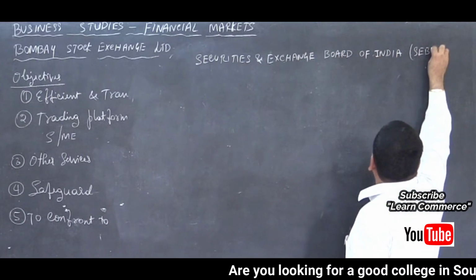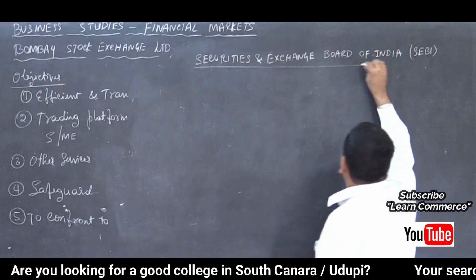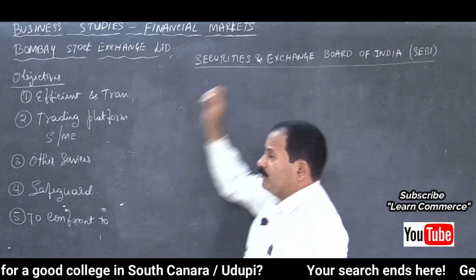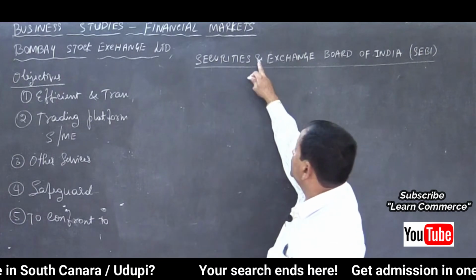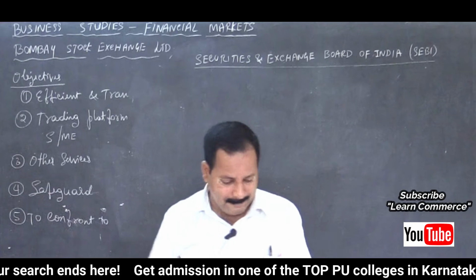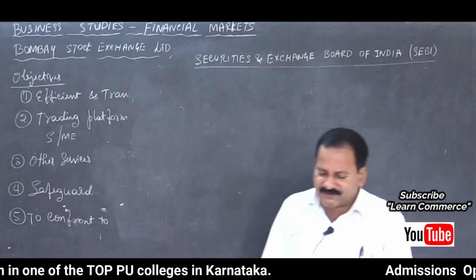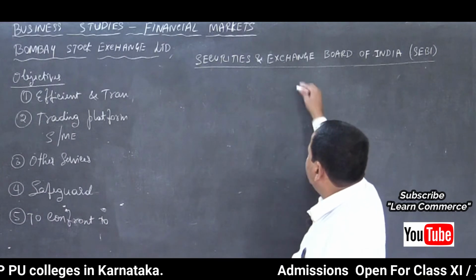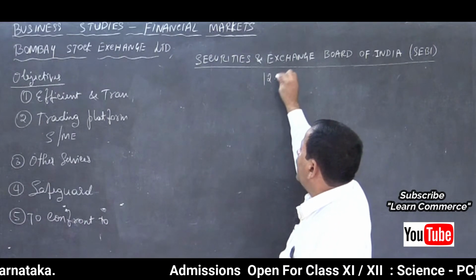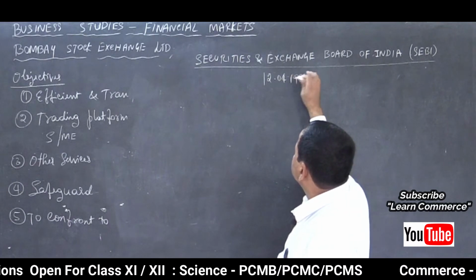They may ask you for 1 mark also, expand SEBI. You should write Securities and Exchange Board of India. Don't use this symbol, write and in spelling, okay? Make sure of it. So it was established on 12th April 1988.